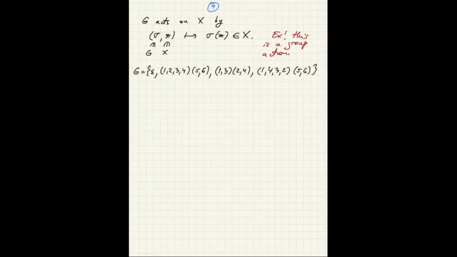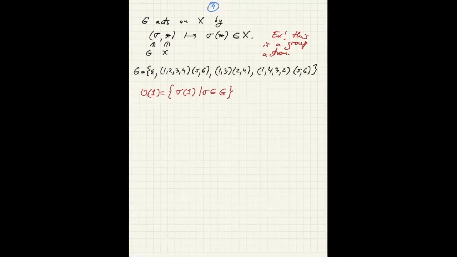So let's figure out some of these things. For example, what would be the orbit of the element 1? The orbit of the element 1 consists, by definition, of all elements of the form sigma 1, where sigma comes from the group G.